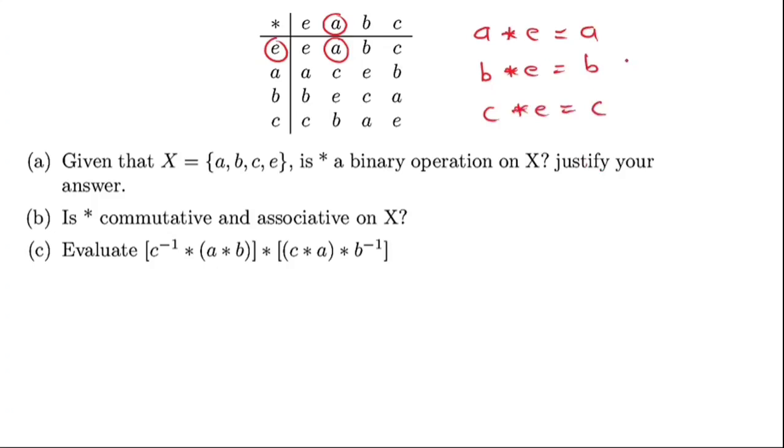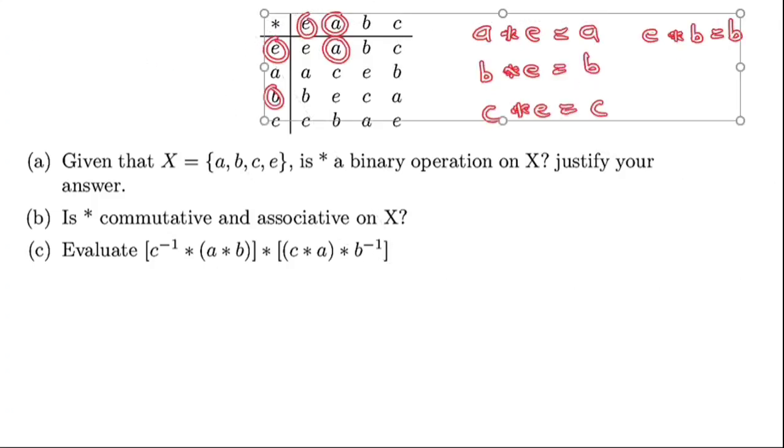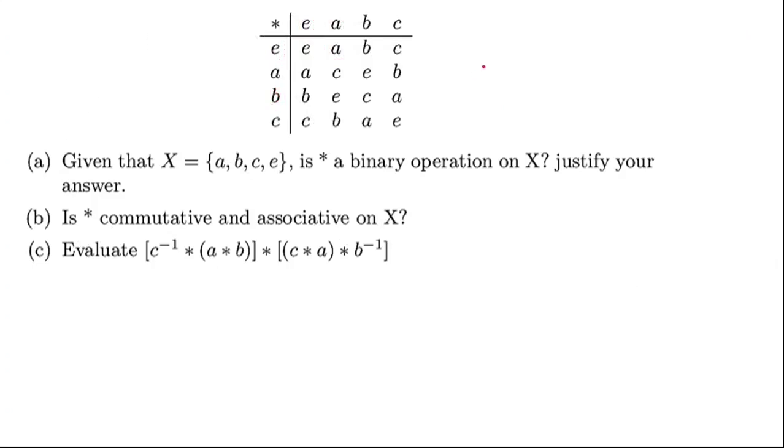Even if we change the order and say E star B, this is our E, this is our B, we still get B. So we've identified E as the identity element. Okay, so let me just indicate it here: identity element is E. Fine.